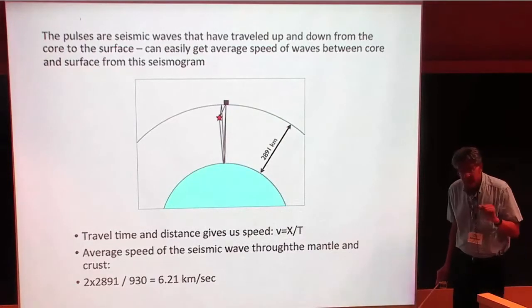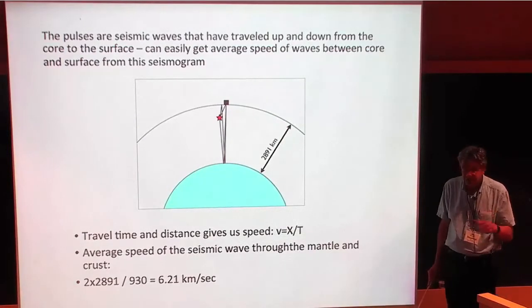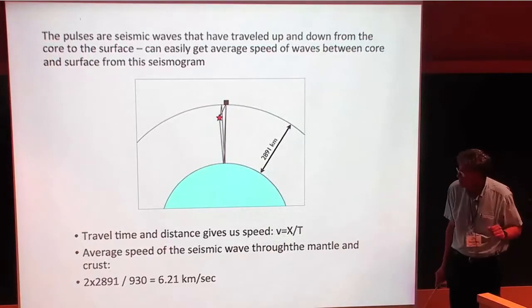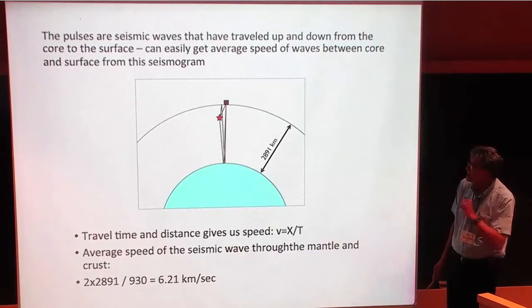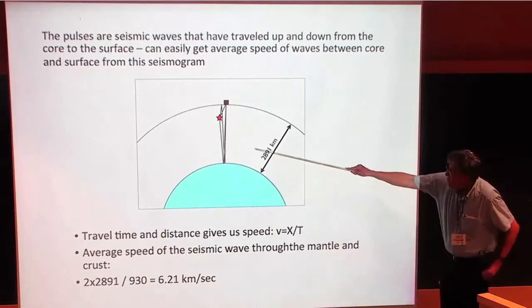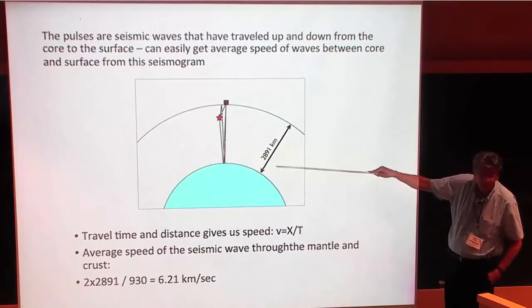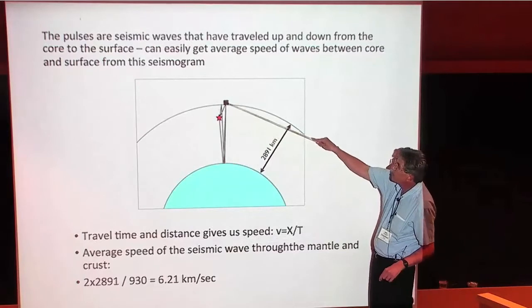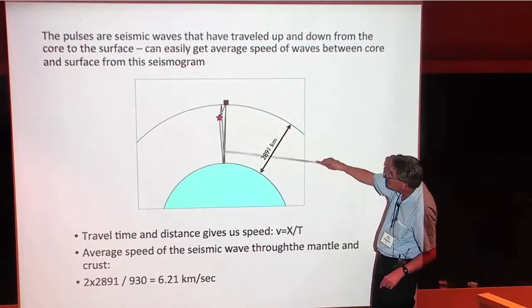A lot of seismology is basically about speeds, and you've already heard in a lot of talks wave speeds here and there, ultra low velocity zone, et cetera. This is a nice little experiment you could do just looking at that recording. If you know how deep the core is, 2,891 kilometers, you could just look at the pulse that went up here, and the other one that went up, down, up.